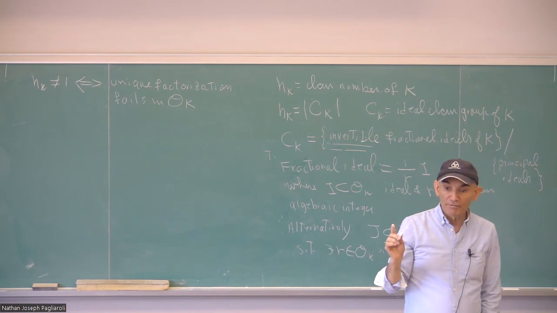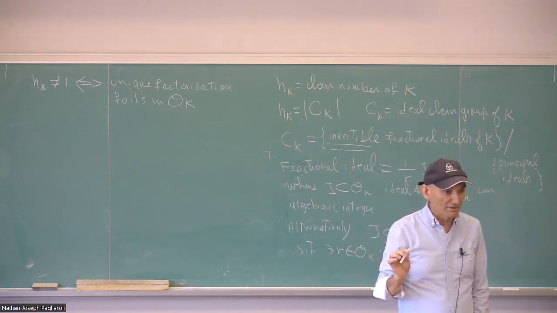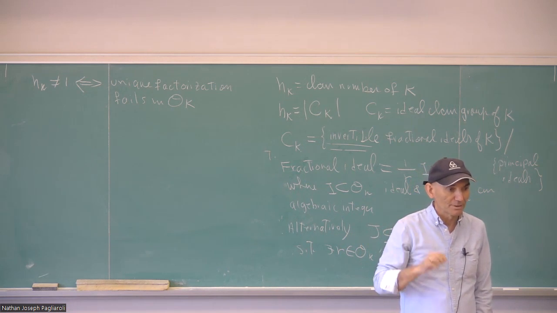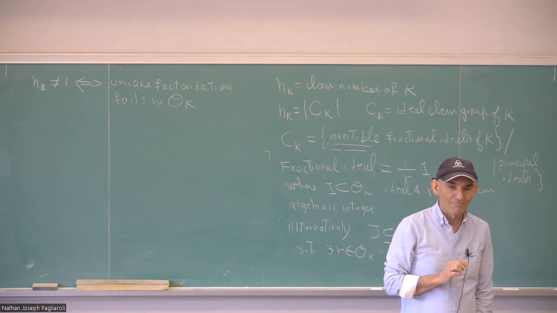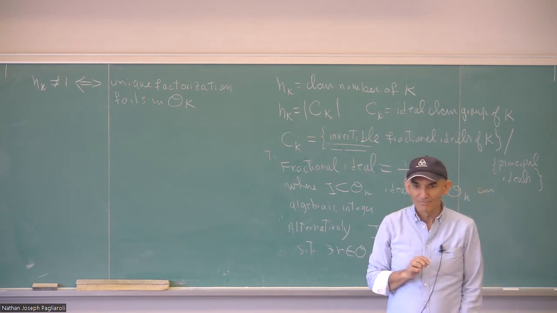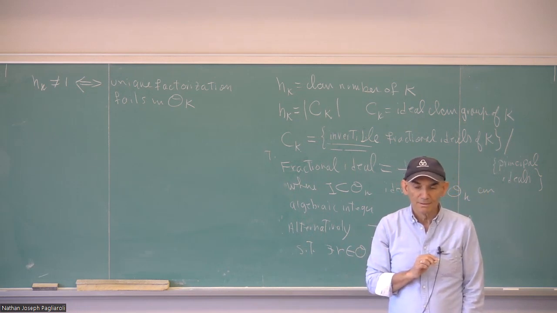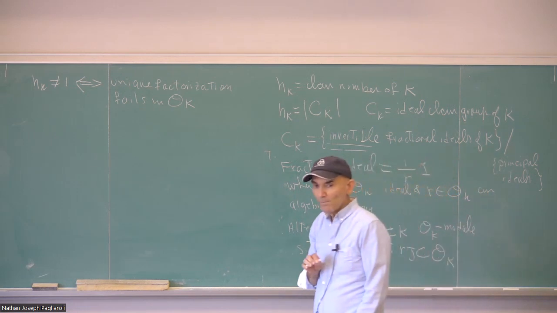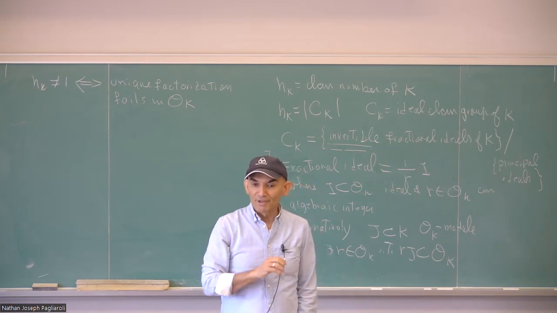Do you remember from your algebra courses where unique factorization failed in one of these number fields? So what are the elements? For what elements does it fail?